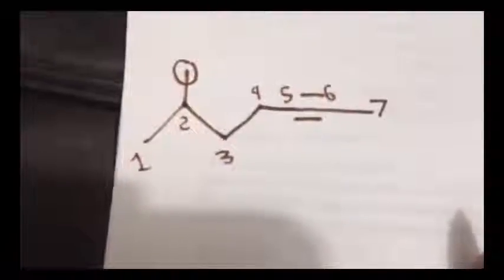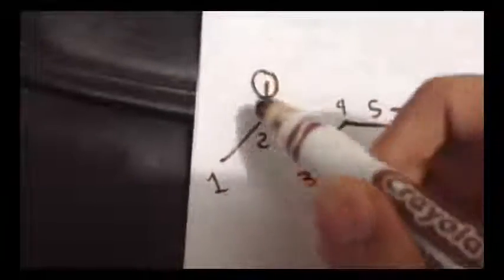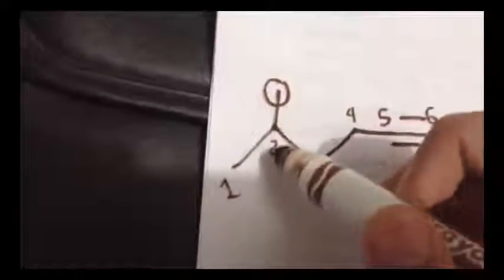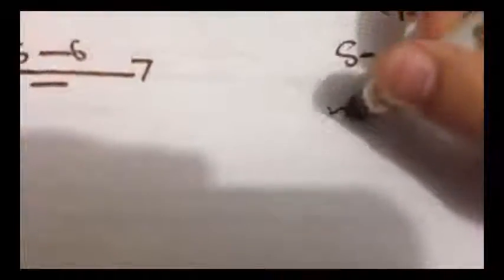And the substituent is in the position 2, and it is 1 carbon, so it is 2-methyl.